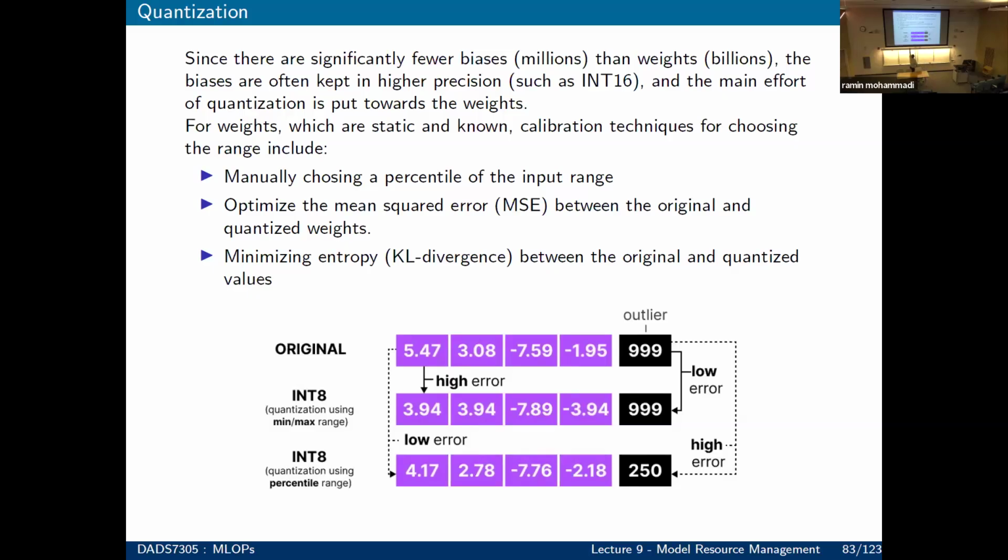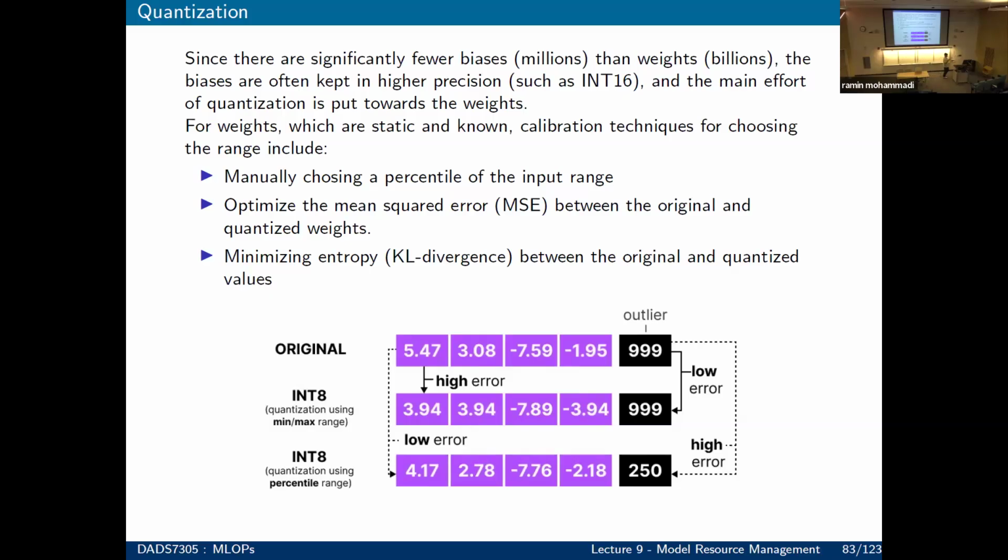If you do the reverse, if you use some sort of dynamic range, like -5 to 5, or a percentile range, what will happen here is that you get a smaller conversion error on these numbers, but you get a higher error on these numbers, the outliers.